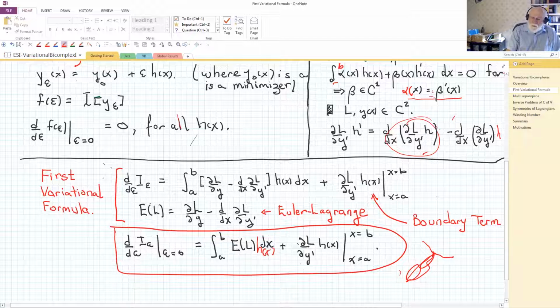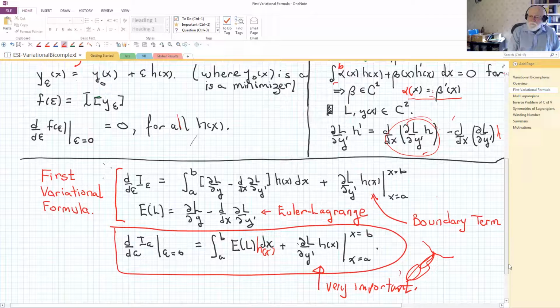In those cases, this boundary term, which is not present in the simplest problem, becomes present. And one of the themes for today's lecture is that the Euler-Lagrange operator is very, very important, but this boundary term, which isn't present in the simplest derivations, is also very important in all kinds of questions in calculus of variations and in differential geometry in general.